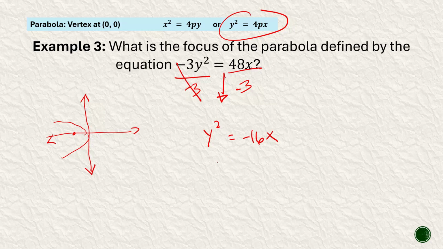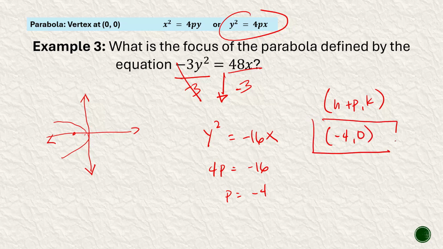But let's solve for p because that's very important. So 4p equals negative 16. That means p equals negative 4. Now for the general formula, it's going to be (h plus p, k). h and k are both 0, so that means it will just be (negative 4, 0).